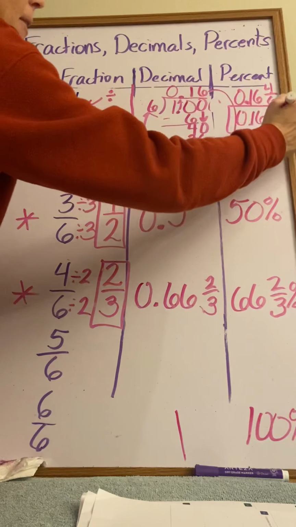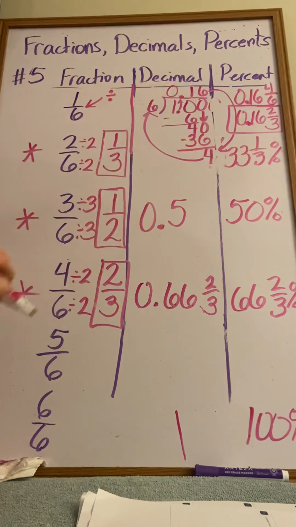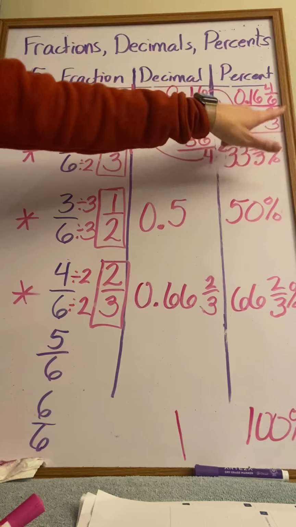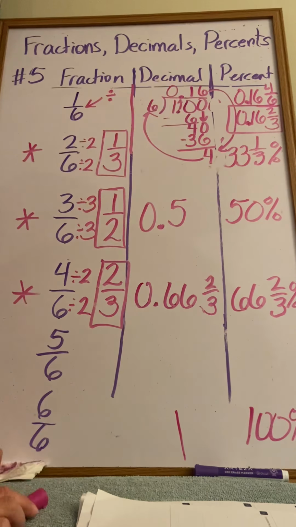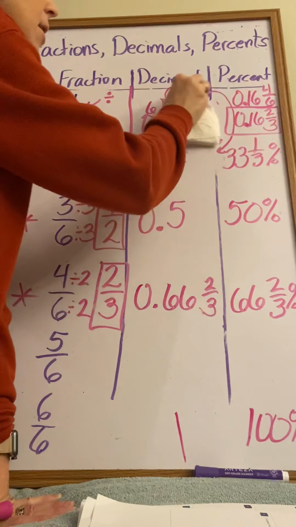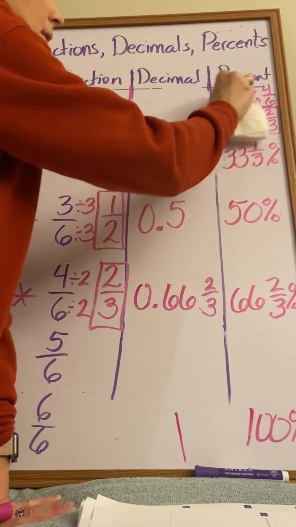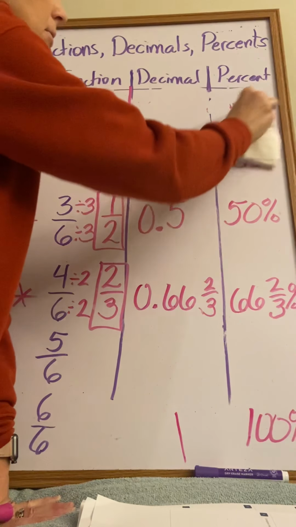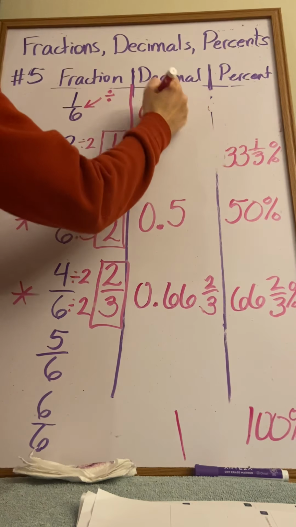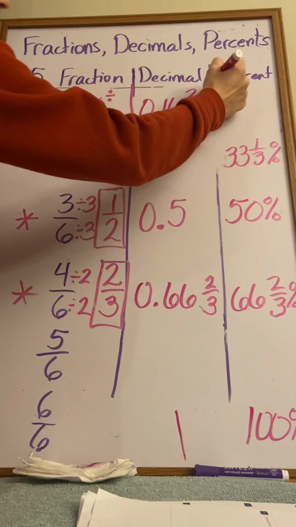All that math right there to get 0.16 and 2/3. 0.16 and 2/3. All right. Now, that one's going to be the trickiest, hardest one for you guys to memorize. It always is. It always is. Okay, I'm going to put that down. I'm going to clean that up. The decimal is 0.16 and 2/3.